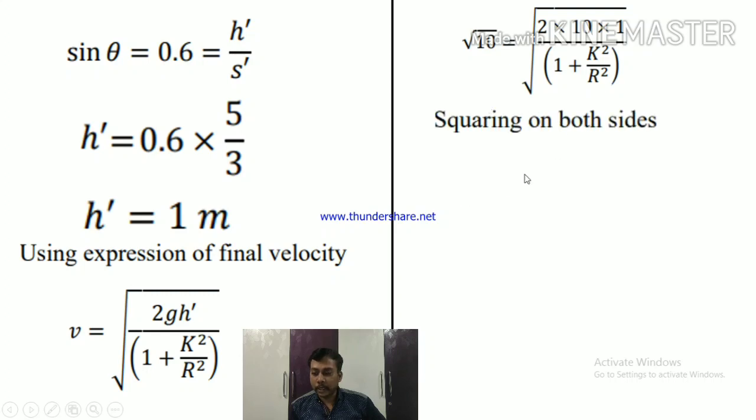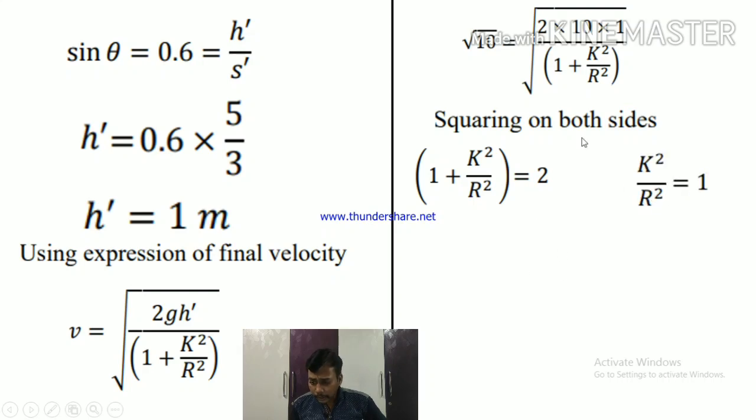If we simplify it, taking square on both sides, 1 plus k square upon r square, this becomes 10, this becomes 20, so 2 is here. So 1 plus k square upon r square is equal to 2, that is k square upon r square is equal to 1. In rotational dynamics, one concept is there, that is k, the radius of gyration.